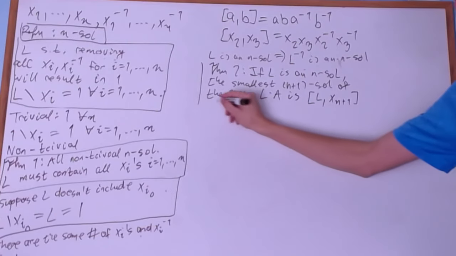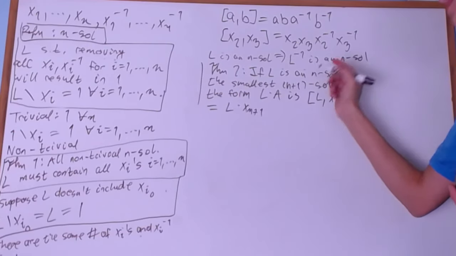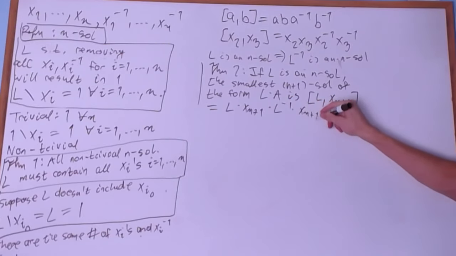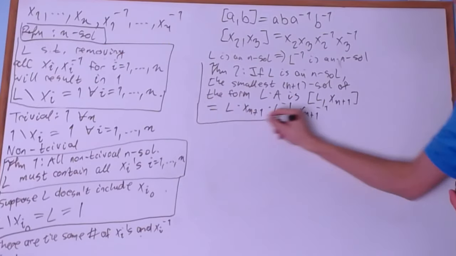And writing that out explicitly, it's going to be L times xn plus 1 times L inverse times xn plus 1 inverse, straight from the definition of commutator.